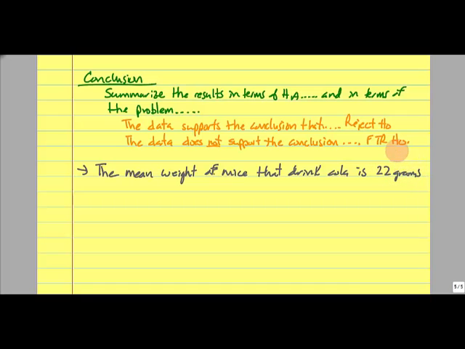Okay, so what we want to do here then is state H0 versus our alternative HA. Now when we're talking about mean weight, so that's mu, is equal to 22 grams. Well, if we're testing to see if this is true, the alternative would be that it's not equal to 22 grams. So this is an example of a two-tailed test.